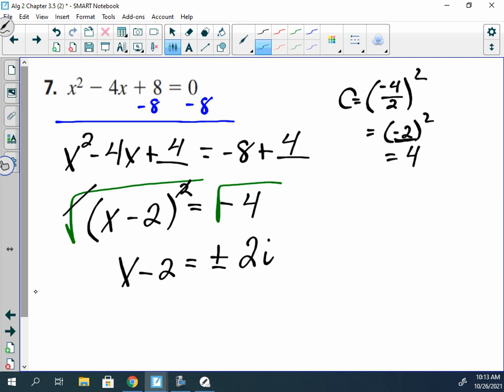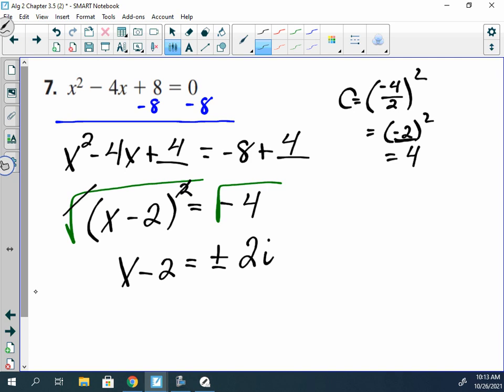Because the square root of negative 4, well, the negative would come out as i, and the square root of 4 is 2. Well, if I have i as any part of the solution, will it cross the x-axis? No, these are no real solutions that we found with graphing. So graphing is immediately out. This also tells me that there's no way I could factor it, because when we factor, we need real numbers.